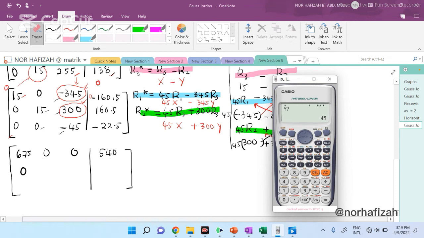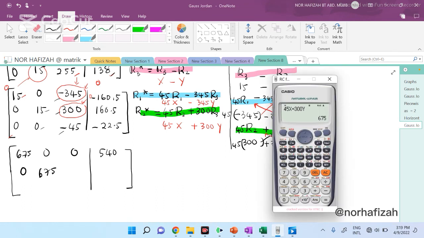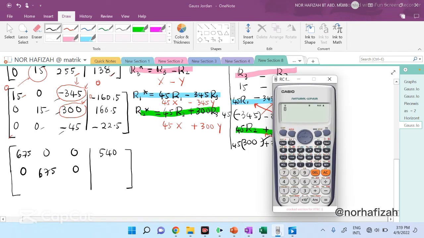Row 3 is 0. 675. This one is 675. Alright, for 300, calculate 300 equal negative 45 equal 0. Yes, confirm 0.